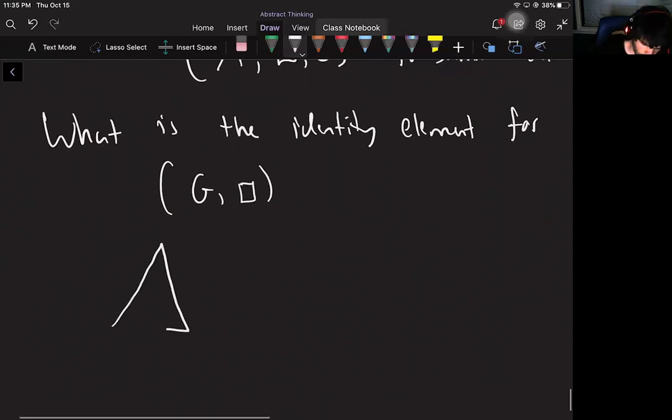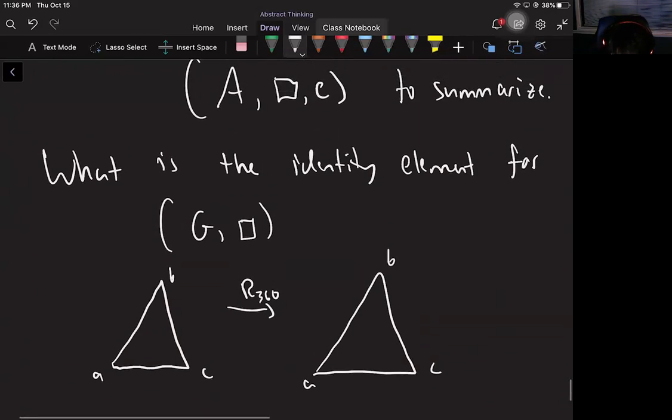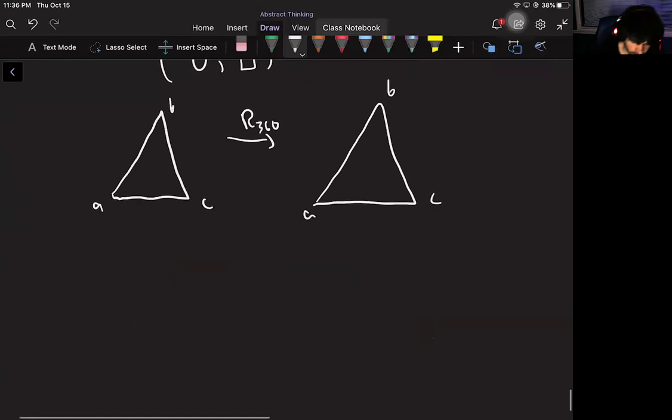In other words, what does nothing? Well, rotating by 360 does nothing. So it's a good candidate for the identity element, but technically we do have to actually check.